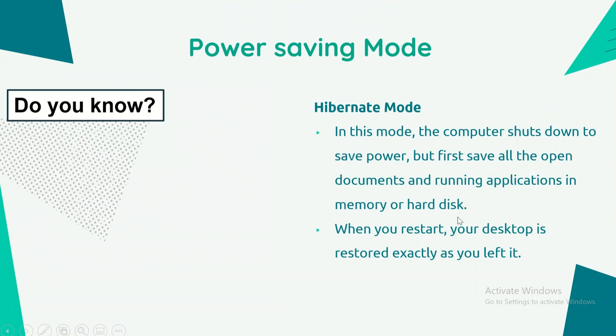First it will save all the open applications, and then the computer will shut down. So when you restart, your desktop will start exactly from the place where you left.